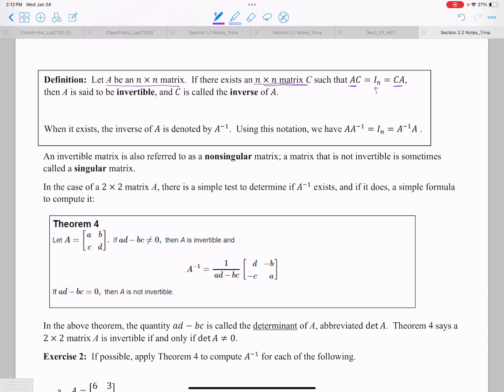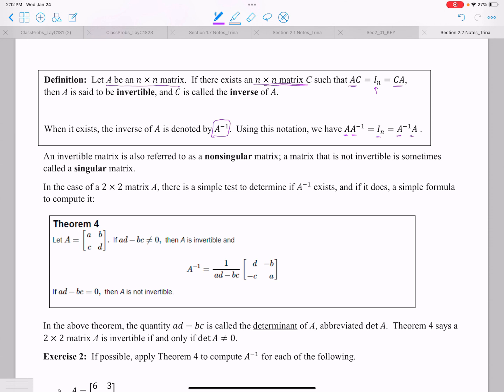In other words, if you multiply A and its inverse, you will get the identity. It does not always exist, but when it does, the inverse is denoted with a -1 power, kind of like the function inverse notation. So we have A times A inverse equals the identity, and also A inverse times A equals the identity.